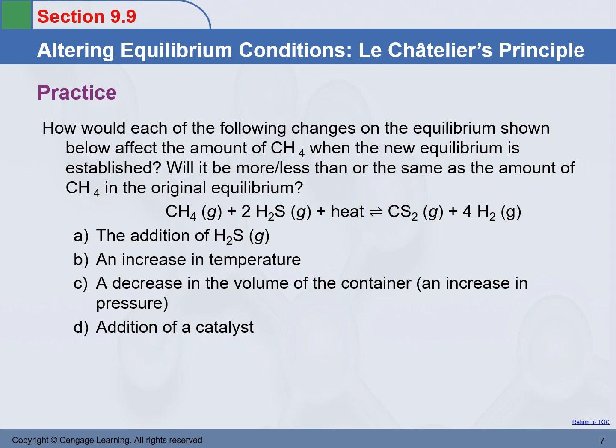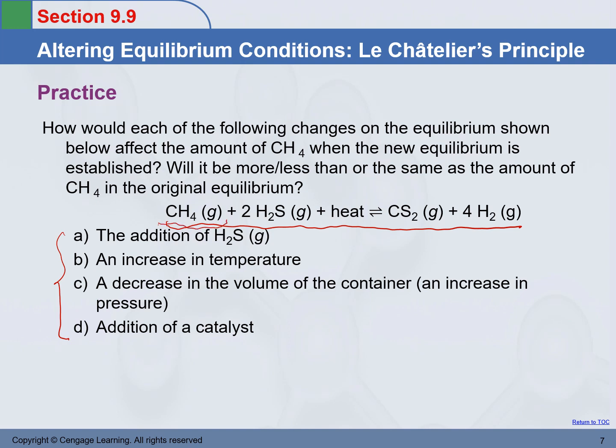How would each of the following changes affect the equilibrium shown below? There's an equilibrium shown here, and it looks like there are A, B, C, D, four changes applied to the equilibrium. How would each of them affect the amount of CH4?